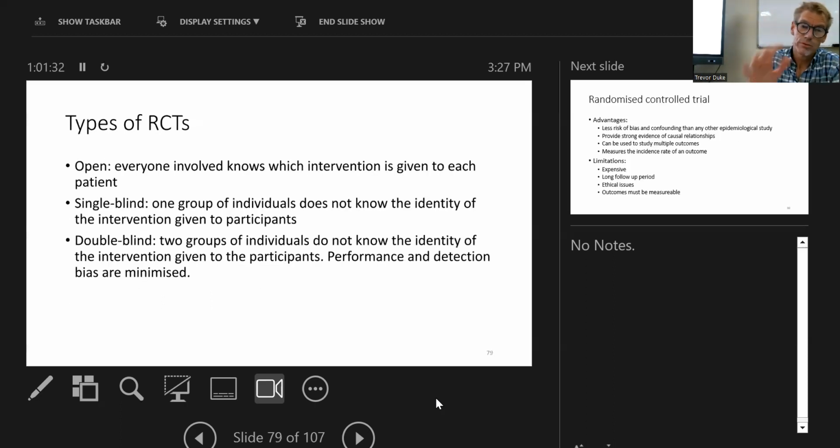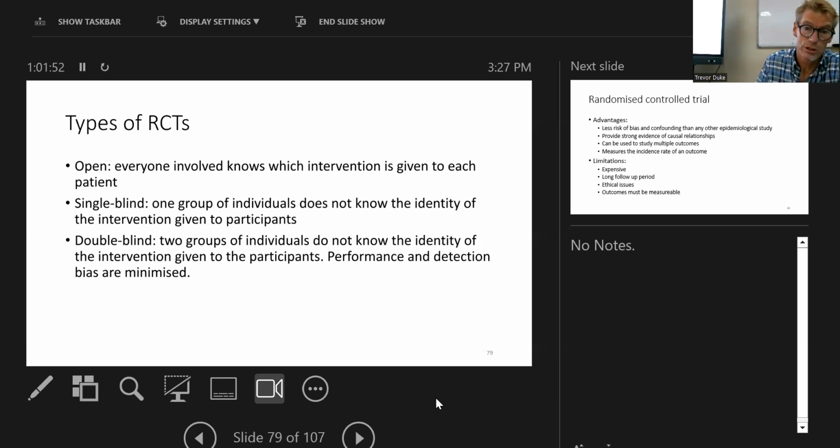There's a couple of types of randomized trials, and you can have an open trial where everyone knows the intervention, or you can have a single blind trial where usually the people who are giving the intervention or the people who are assessing the outcome don't know the intervention.